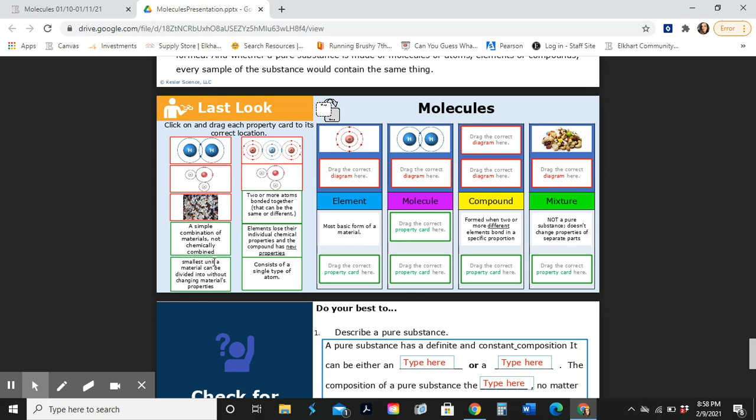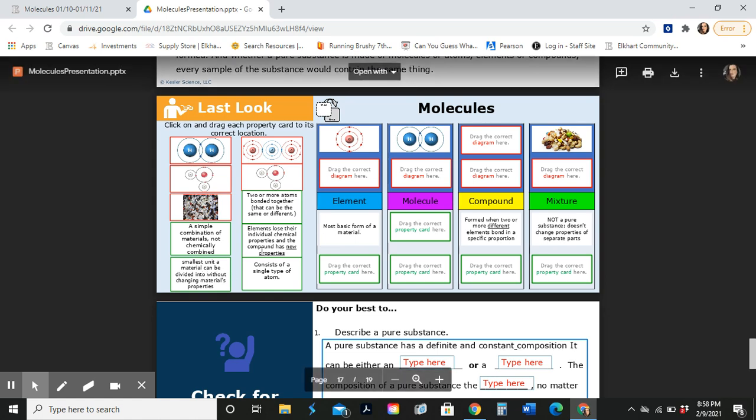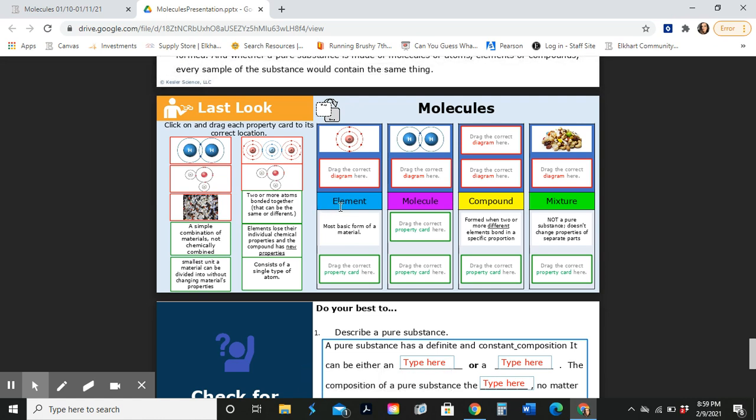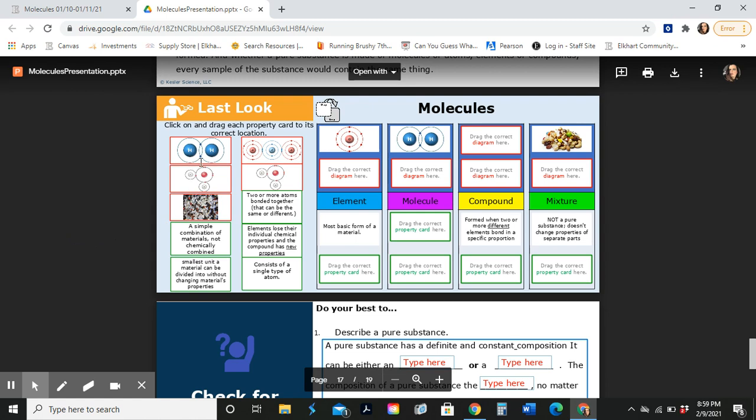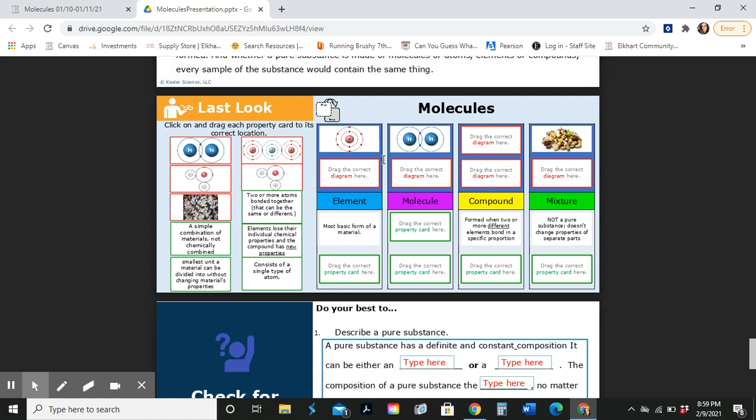Is it the smallest unit of material that is divided into without changing the material's properties? So you're going to give me the definition of element, molecule, compound, and mixture. Then you're going to take a picture of the diagram and match it up to the right spot.